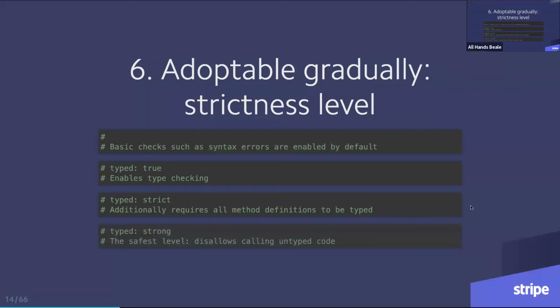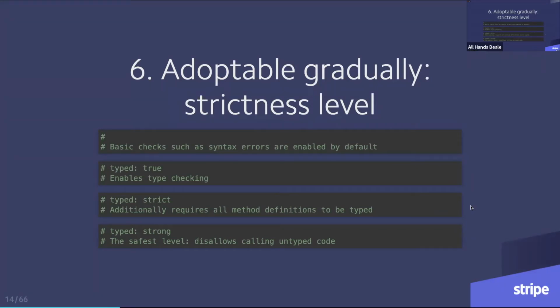And the final level is type strong. Type strong is the safest level of typing. As part of gradual adoption, Sorbet has a type which stands for untyped, where if you call a method whose return type we don't know, we say that type is untyped, which means you can do anything with it. You can pass it wherever, you can call whatever methods on it.